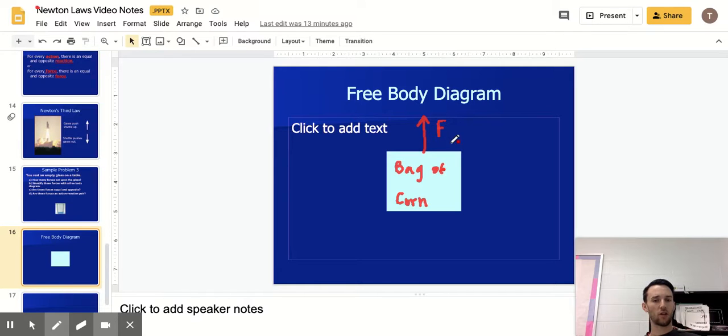Okay, we're going to call this force, and we're going to say that it was 15 newtons. Now, a couple of things. Gravity is pulling down on the bag, right? So we'll say that this is an F of G, force of gravity.